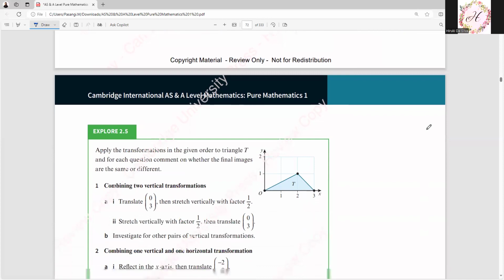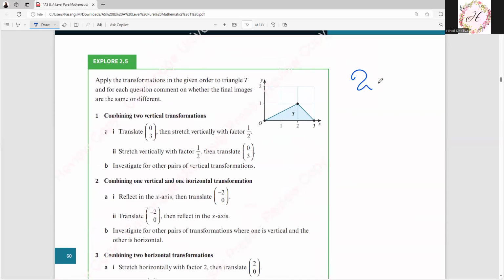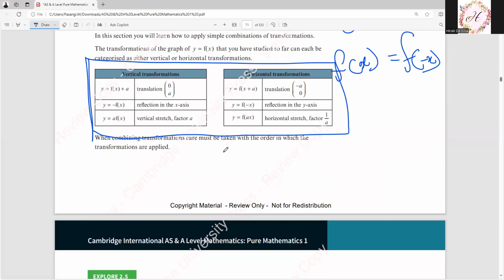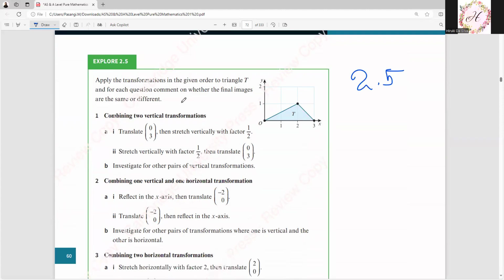Let's go through Explore 2.5. It's clear up to this point, right? This is the summary of the previous things we have already taught. Now only the combination has started. In Explore, go through this one first by yourself. I'll also explain, but just go through it.